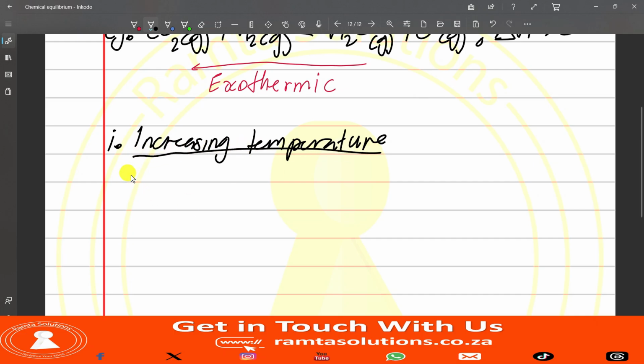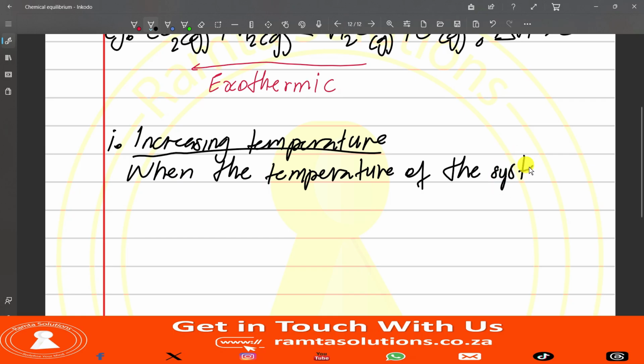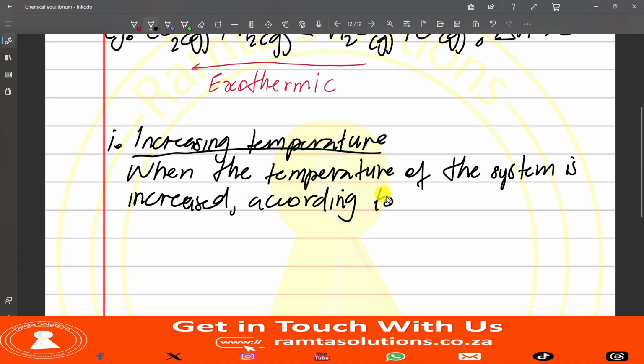Okay, when the temperature of the system is increased, according to Le Chatelier's principle, what's happening?